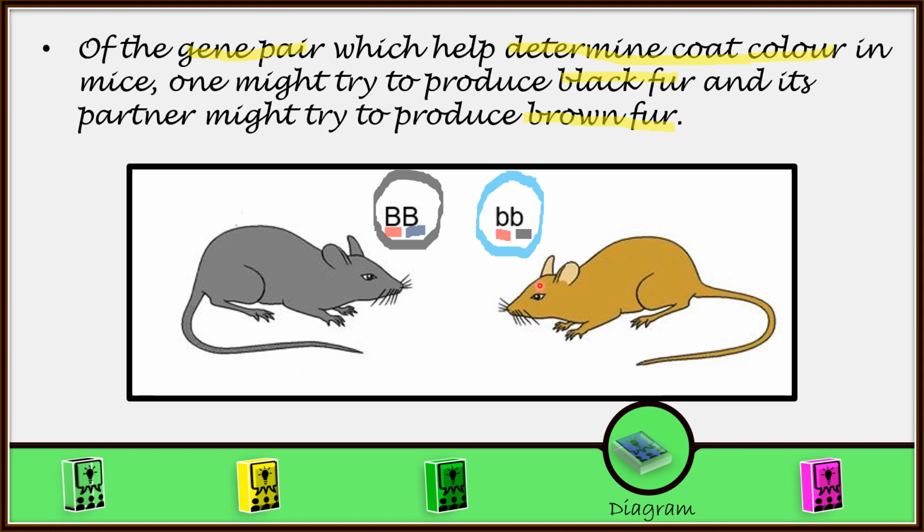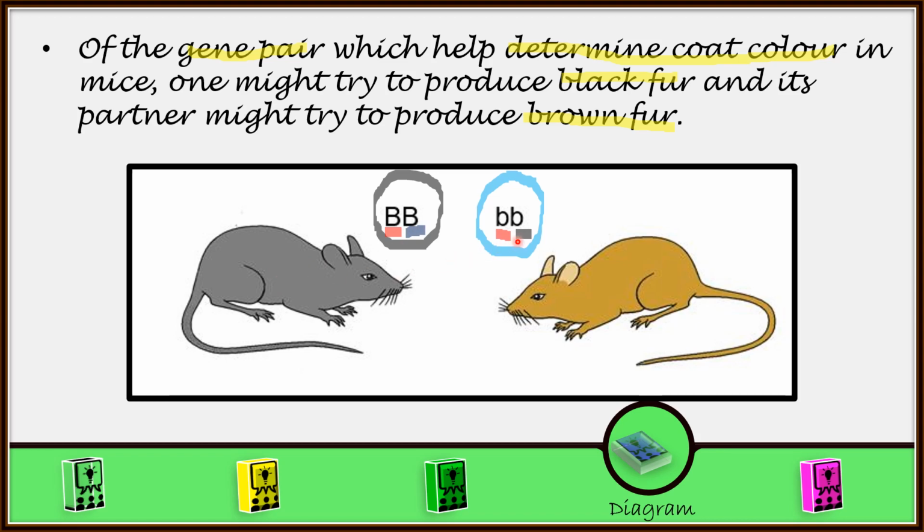So, we are saying that the gene pair which helps to determine the coat color in the mice, one might try to produce black fur. For example, if you look at our mouse here, it has a pair of genes, which is capital B, and this pair is producing black fur.